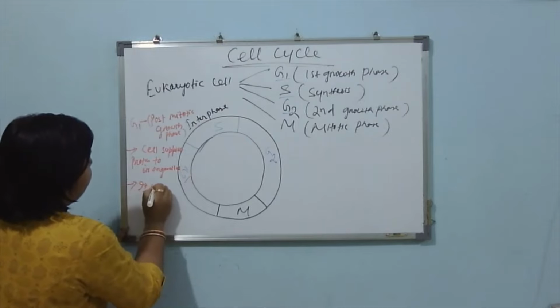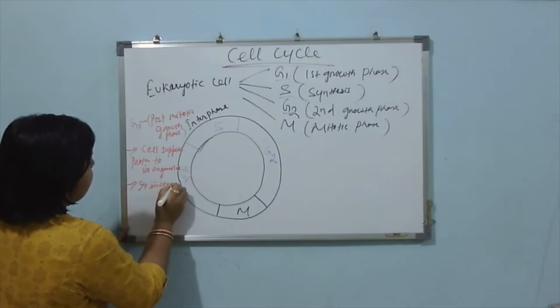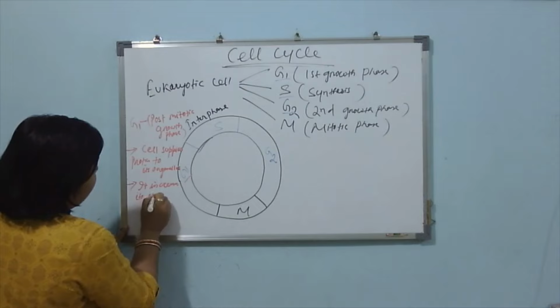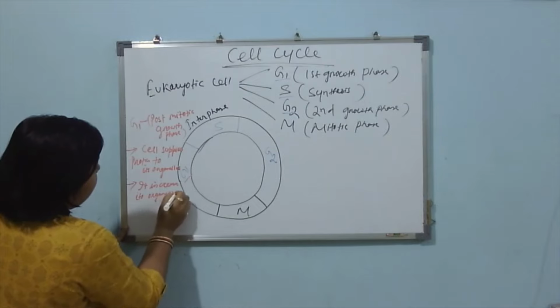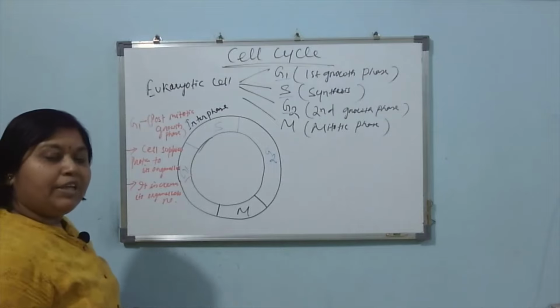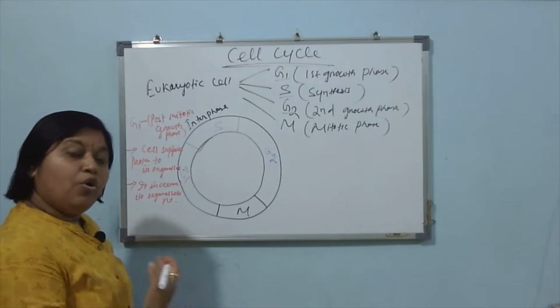It increases its organelle number, like mitochondria, ribosomes, endoplasmic reticulum, Golgi apparatus.